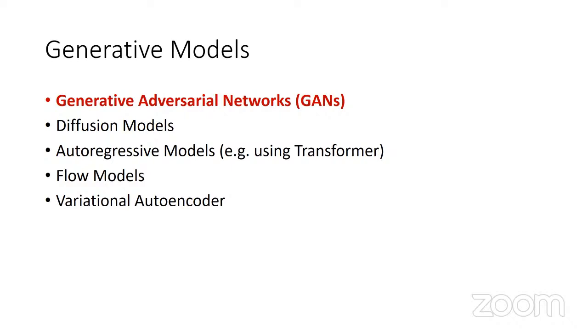The two models are various types of diffusion models and various types of autoregressive models using transformers. A bit behind in quality, I would say, are flow models and variational autoencoders that are not really competitive, I would say, at the moment with these three other models.